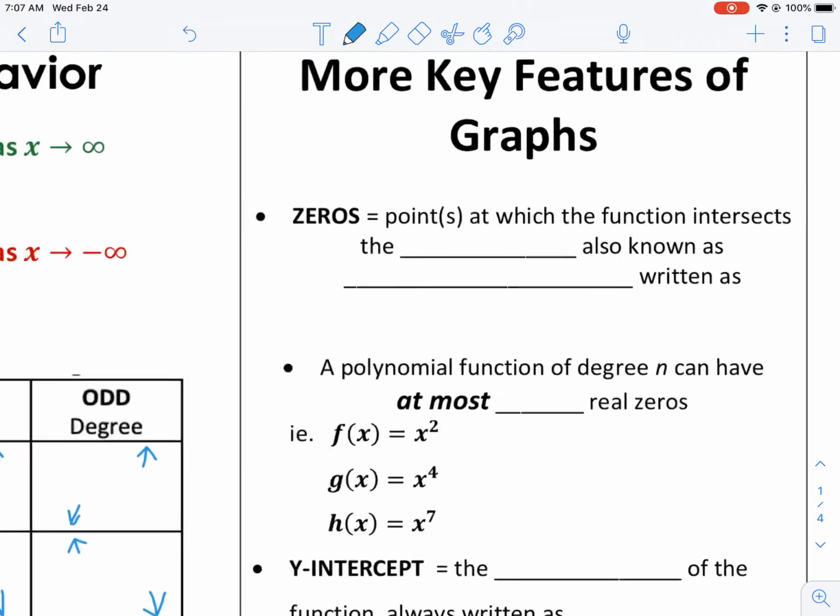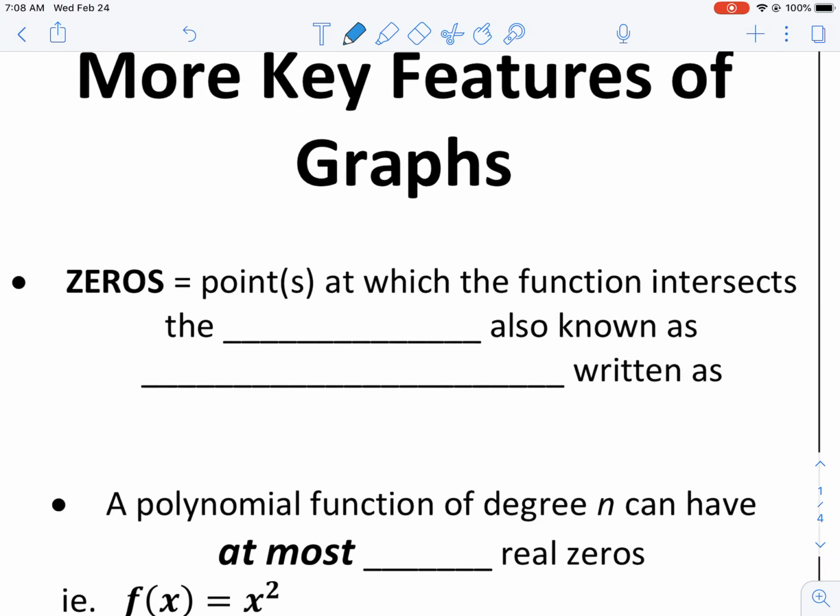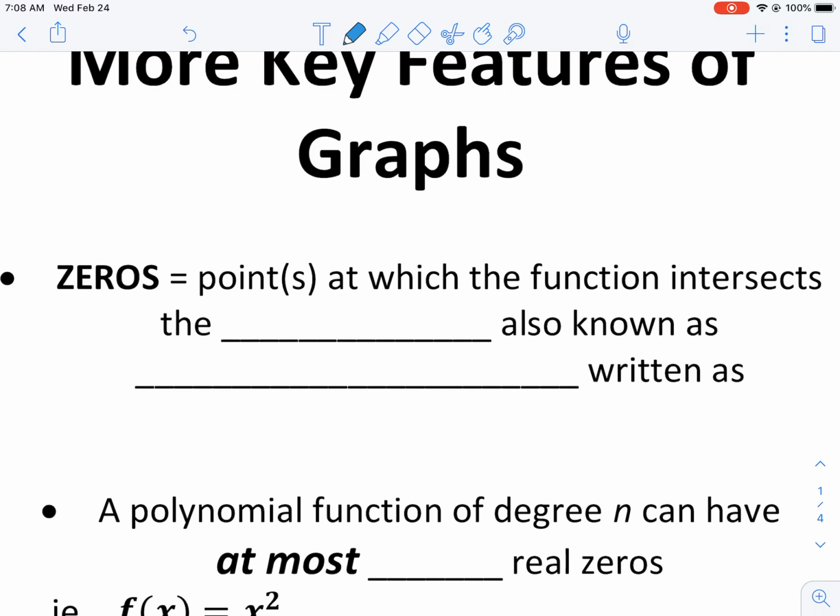The other key feature that it's going to be based on is the zeros, all right? We talked a lot about the zeros in the quadratics unit. The zeros are when the graph crosses the x-axis. They're also known as x-intercepts, okay?